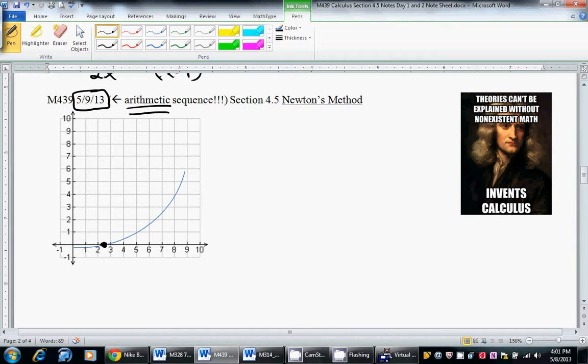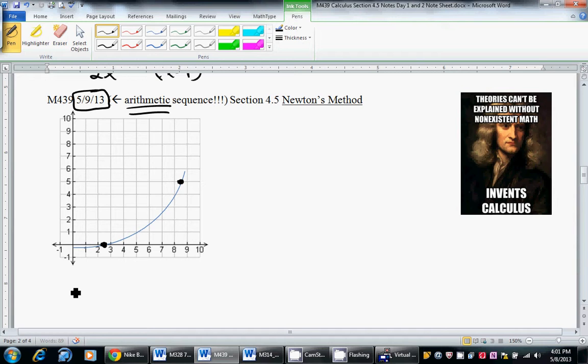He starts off by picking a point somewhat near where he thinks the x-intercept would be. Now in this example, I'm not exactly picking a point that's that close to my x-intercept, but this is for demonstration's sake. I'm going to pick this point up here, somewhere at about f of 8.5.